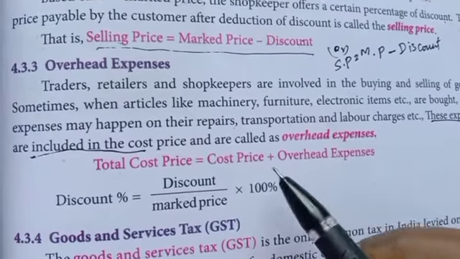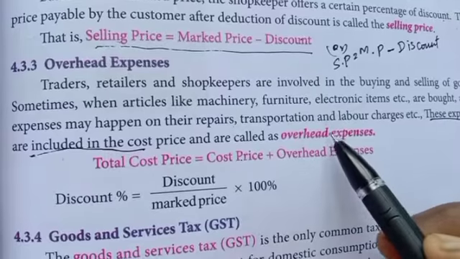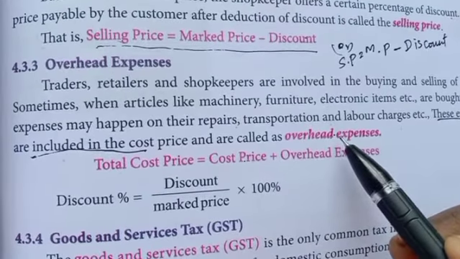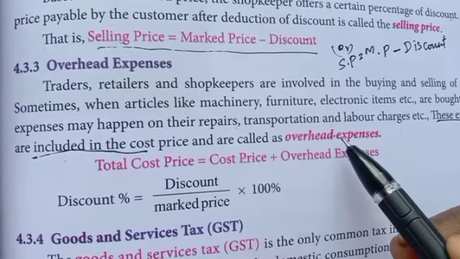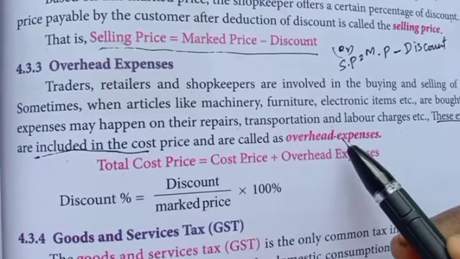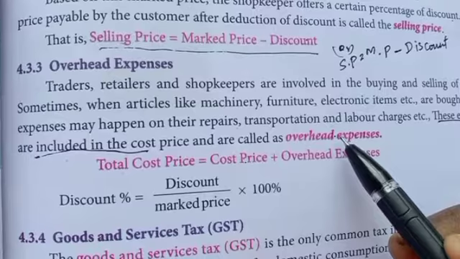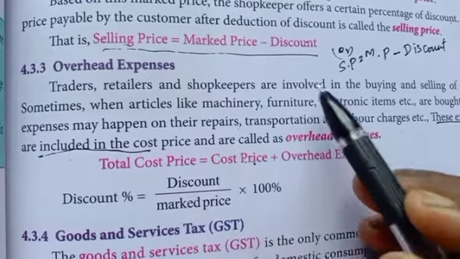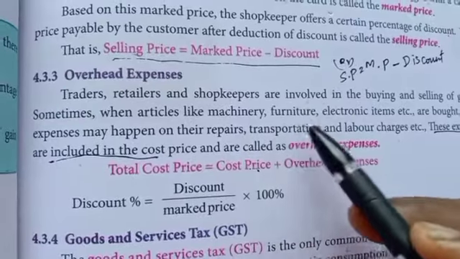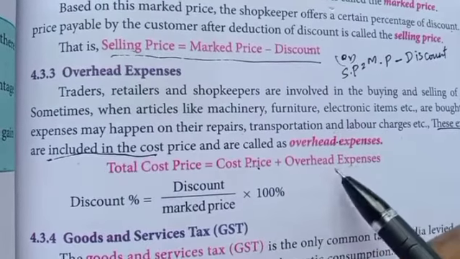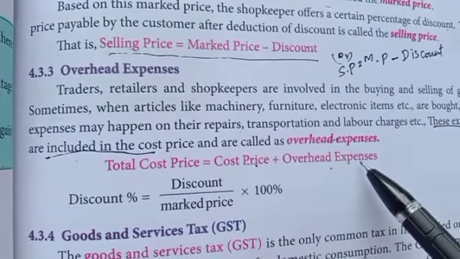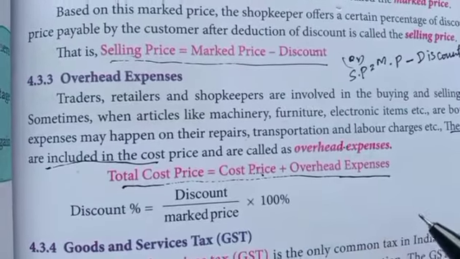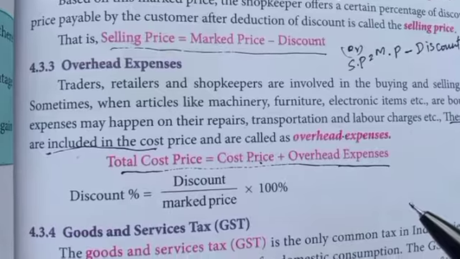That extra amount is called the overhead expenses. Total cost price is equal to cost price plus overhead expenses.